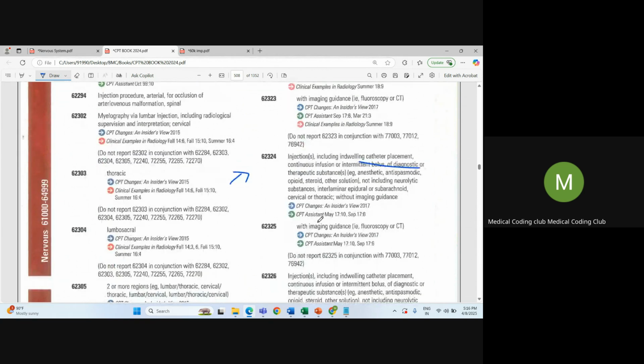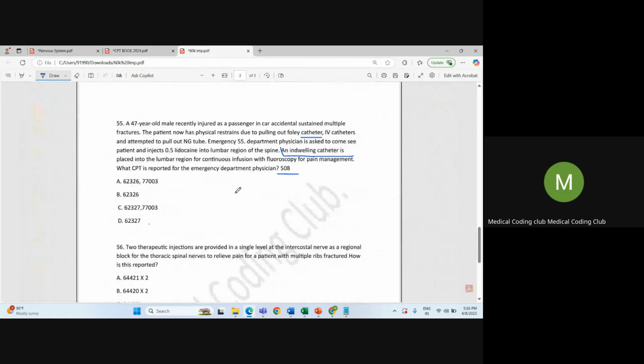Okay, so now in the question they are talking about an indwelling catheter, and what is the location they are saying? Location is the lumbar region, with fluoroscopy guidance. So guidance also they have utilized.